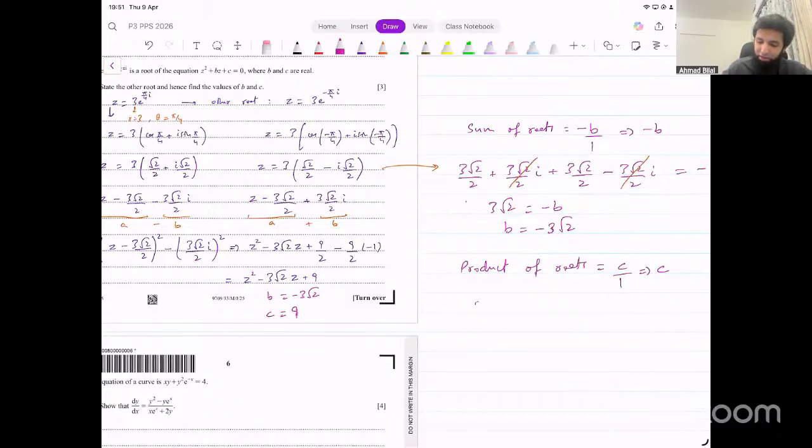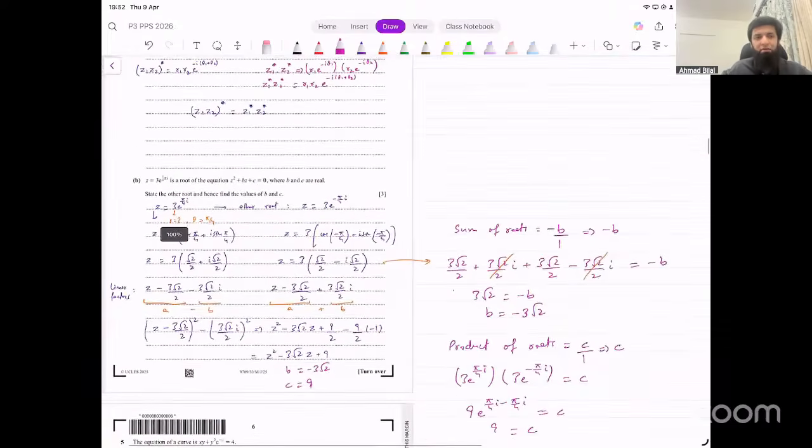You'll get 3e raised to power iota pi over 4, multiplied by 3e raised to power minus pi over 4 iota, and that equals c. 3 into 3 is 9. Powers get added, pi over 4 iota minus pi over 4 iota, so the power becomes 0, and we're left with just 9. So 9 equals c. That's the value of c that we end up getting.